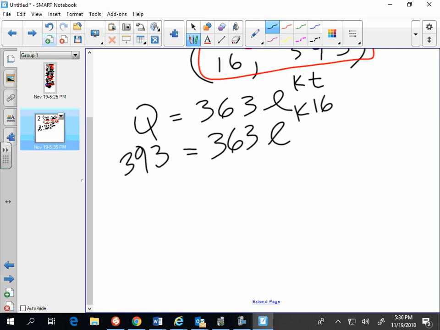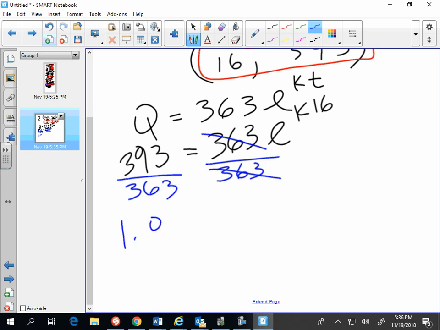When I divide both sides by this initial amount, I get 393 divided by 363, or 1.082644628 equals e to the 16k.